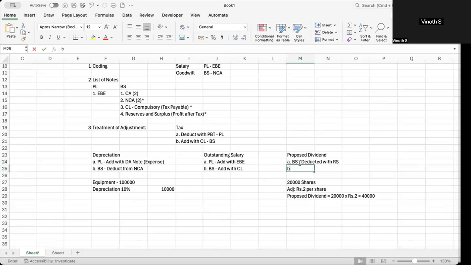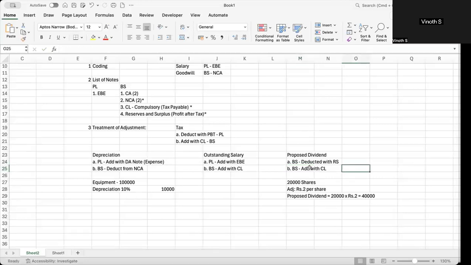Then this amount is not yet paid, only decided. So as of this date, it will reflect under the current liability. In the balance sheet, add it with current liability. We are deciding how much is the proposed dividend, and the amount is not yet distributed or paid to the stockholders.